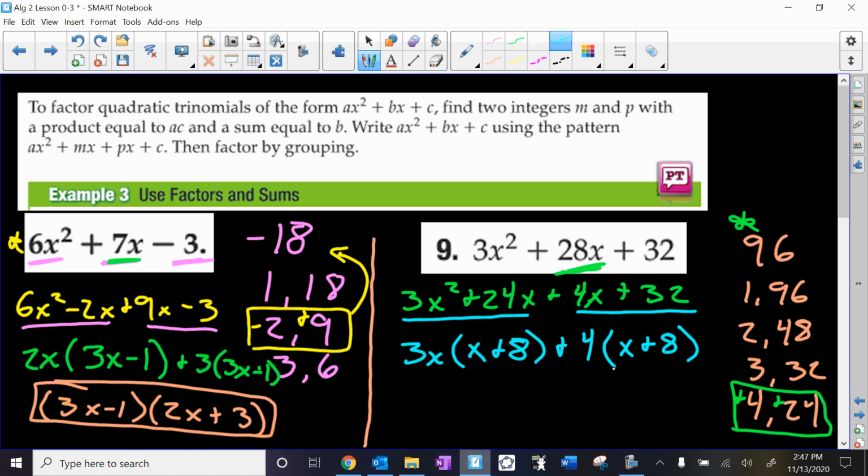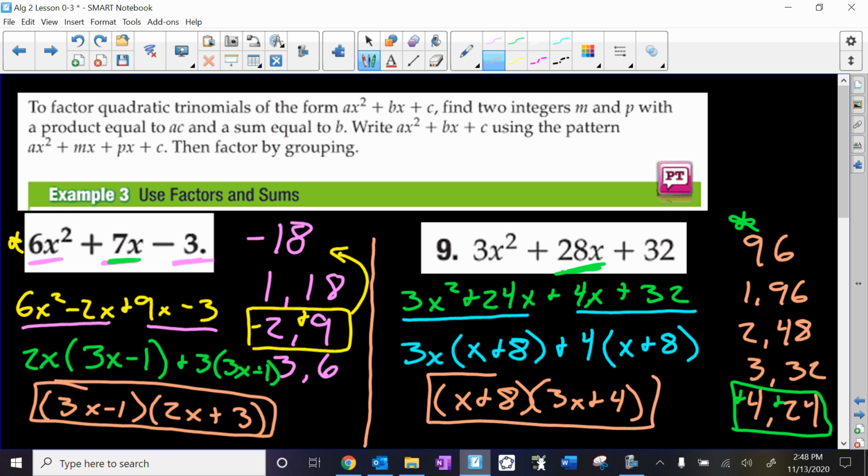I notice x plus 8 is in both parentheses, so now I'm going to factor again. I'm going to take out x plus 8. And when I take out x plus 8, I'm left with 3x plus 4, which represents my factorization.